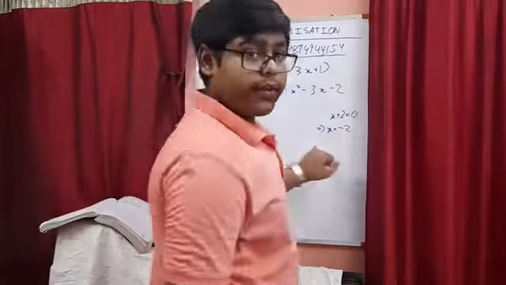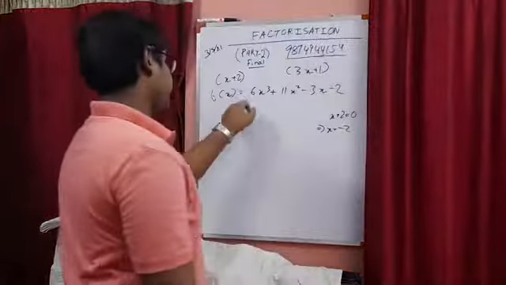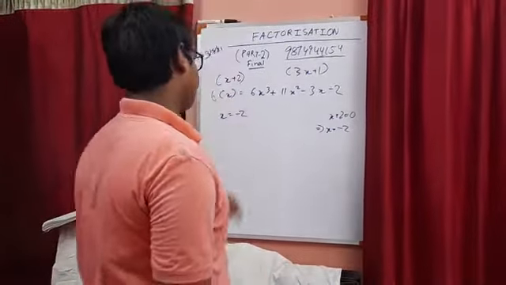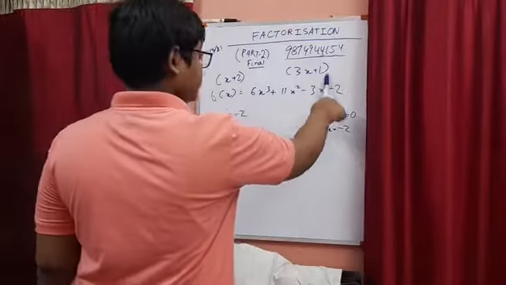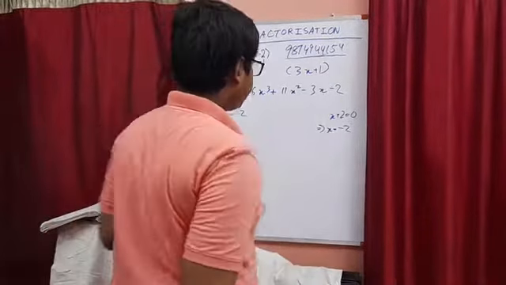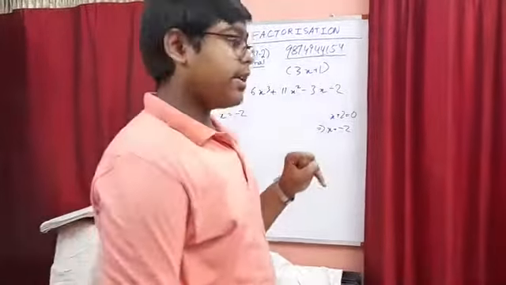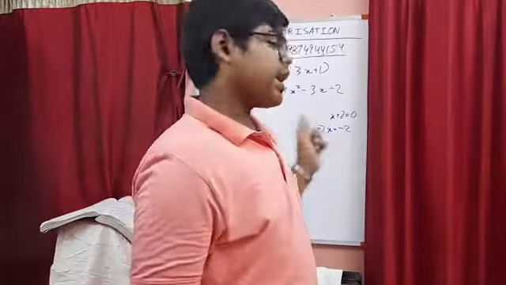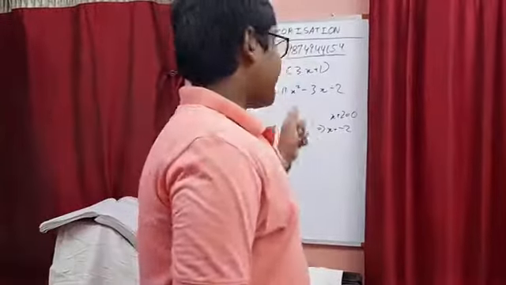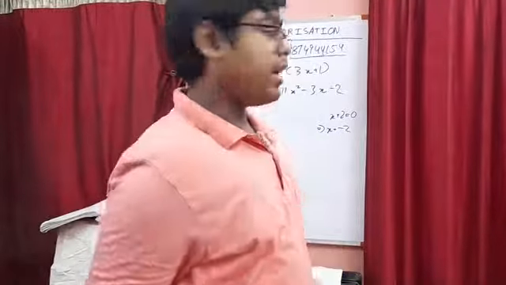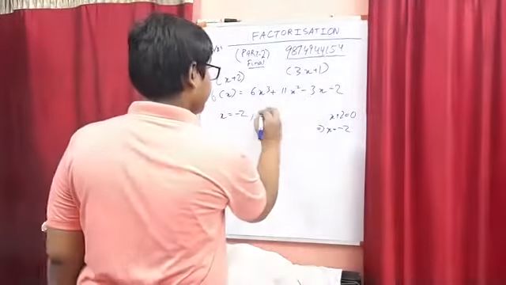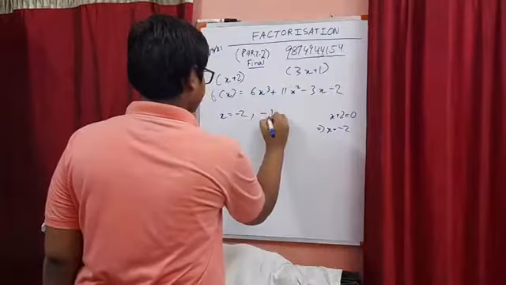Now this value of x will be substituted in this to make sure that it is a factor, and for 3x plus 1, taking it equal to 0, 3x is equal to minus 1 taking 1 to the other side, and x is equal to minus 1 by 3 taking 3 to the denominator. Therefore the values for this equation are minus 2 and minus 1 by 3.